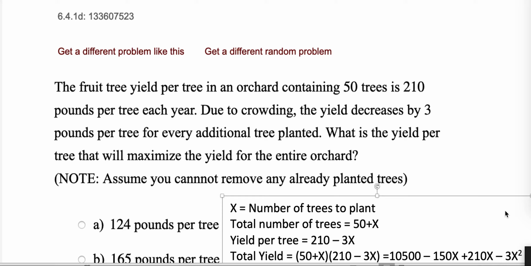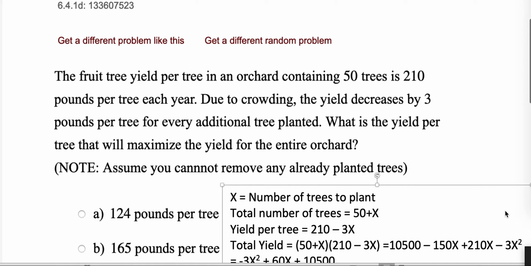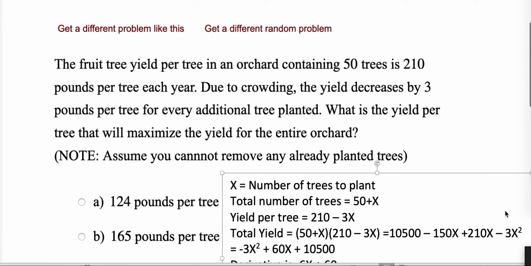Okay, and then I put that into the order we are used to, which is the descending order. So negative 3x squared, and then the 210x minus 150x was 60x, and then I put the constant term last. That was how they conditioned us back in Algebra 1, right?